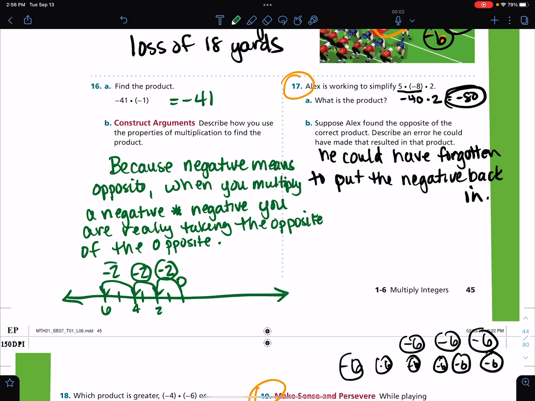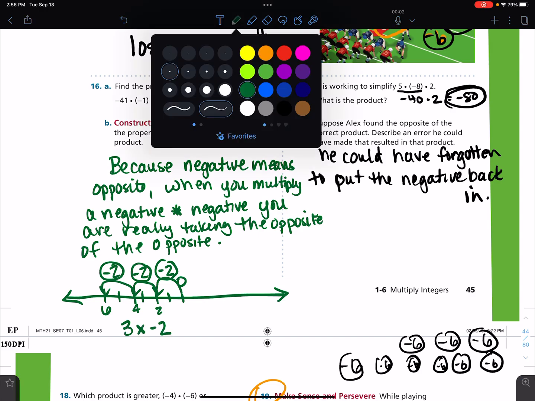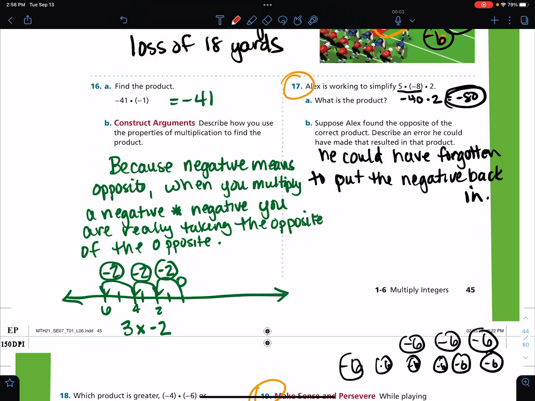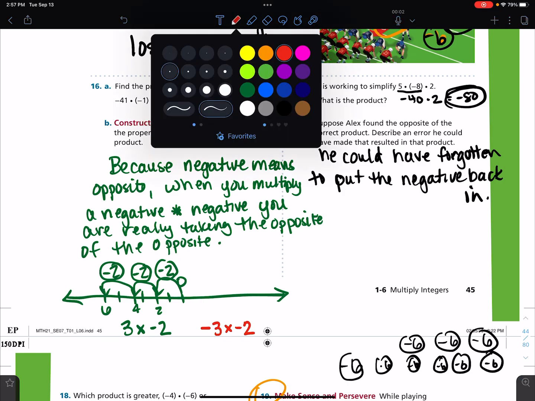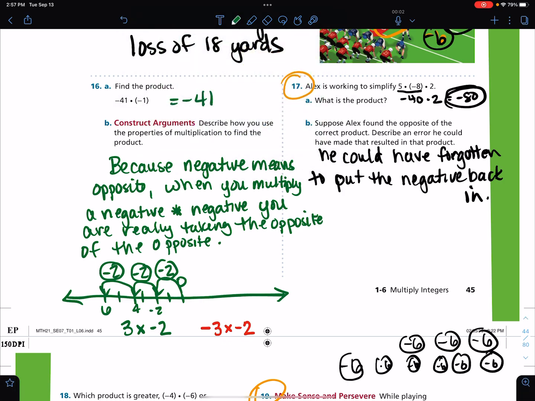And this is a group of negative 2. This side in green means 3 times negative 2. Okay? But if I need to do negative 3 times negative 2, if my answer is negative 6, and I forgot to label that, my bad.